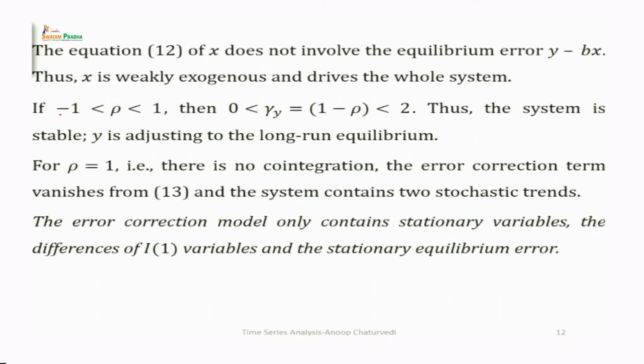Under this condition, you remember for rho equal to 1 we had a problem. So, for rho equal to 1, that is, there is no cointegration, the error correction term vanishes from 13.